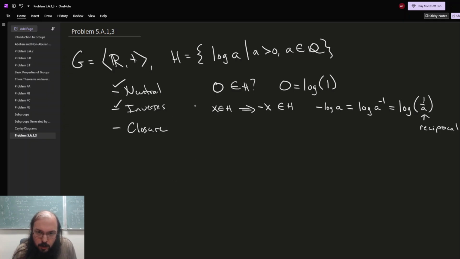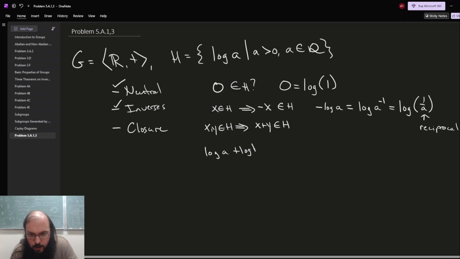For the last part, for closure, I have to know that if I have two elements of H, that their sum under the operation will be in H. So in other words, if I have log of A plus log of B, I need to know that this expression can be put into this form.